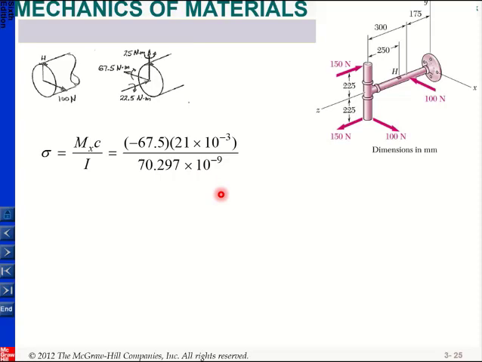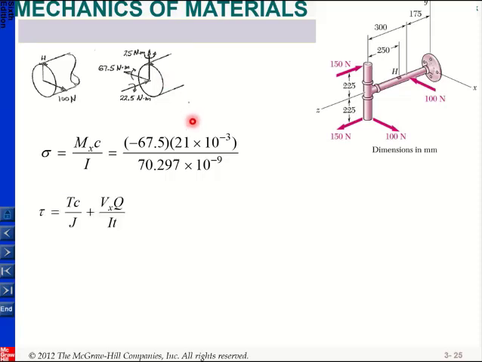But for shear we need to be a little bit careful. Here I know that my shear stress will be along the x direction in this case, which is due to VQ over It. And then you also have this torsion. Since my torsion is going clockwise, I will also have a shear stress along the x direction.